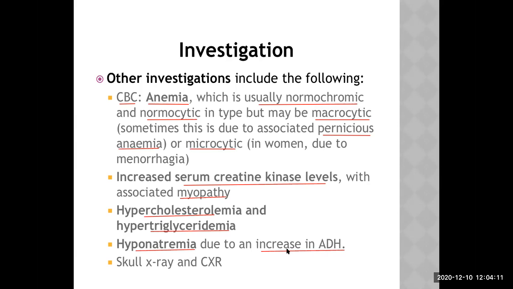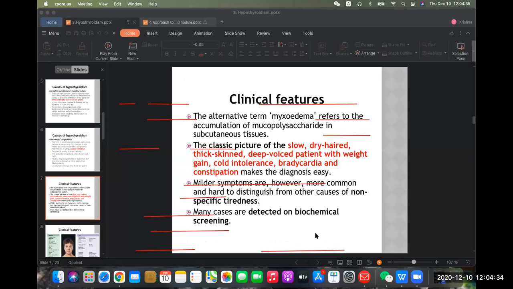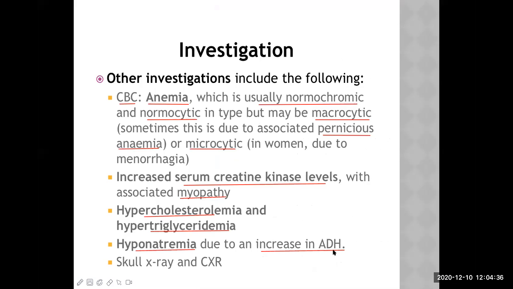Now, thyroid hormone deficiency is one of the causes of ADH oversecretion, also known as SIADH. So in SIADH, hyponatremia is the finding. This is known as dilutional hyponatremia, and the treatment is very easy. Just restrict the fluid. Give two-thirds of the maintenance fluid and the patient will be all right.